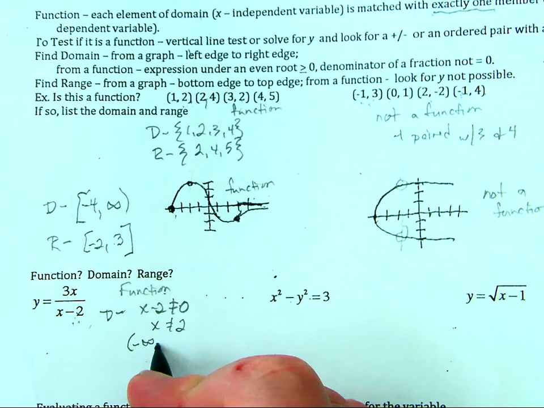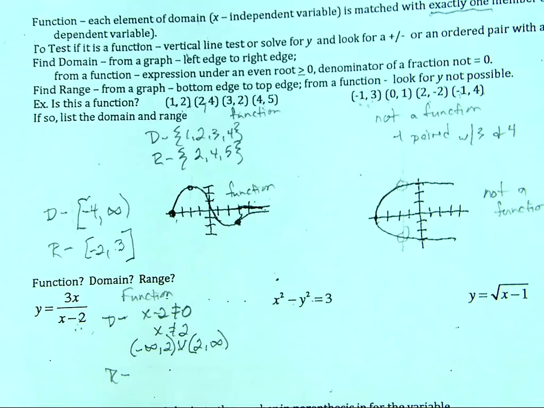If you graph it, the graph looks something like this. So you can see it keeps going down, it keeps going up. So we'll just leave the range blank for that one.